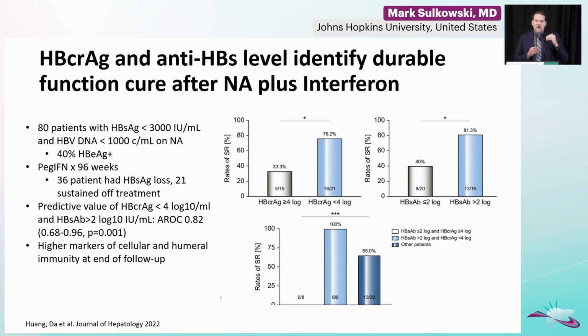So those two were relatively predicted. Now, I'll give you the caveat that these are very small sample sizes. In addition, they had higher markers of cellular and humoral immunity. I won't go into that data at the end of follow-up, suggesting that this is one of the key elements of sustained silencing, because after all, functional cure by definition means there are silent cccDNA infected hepatocytes. It doesn't mean we cured them.